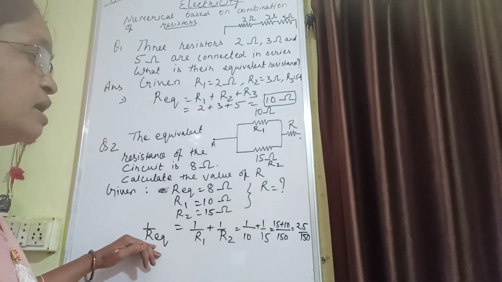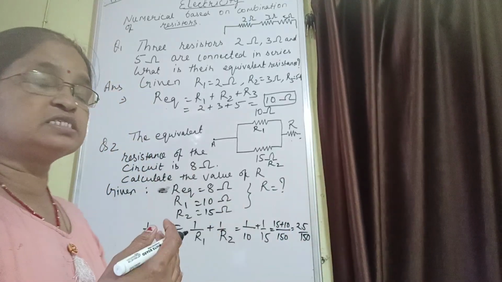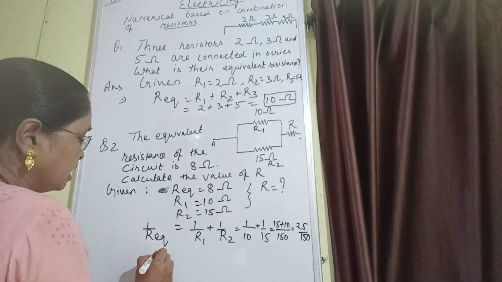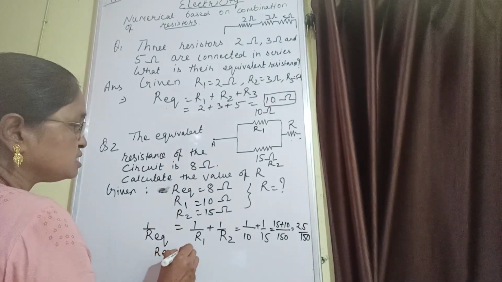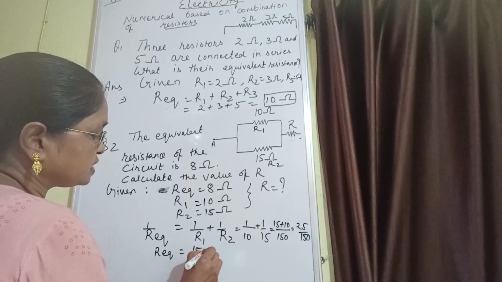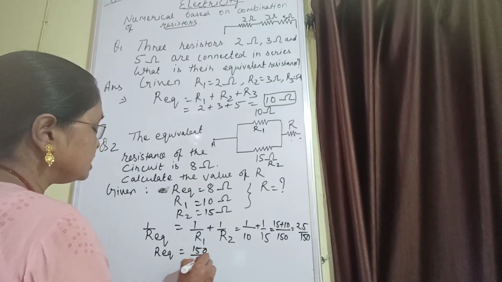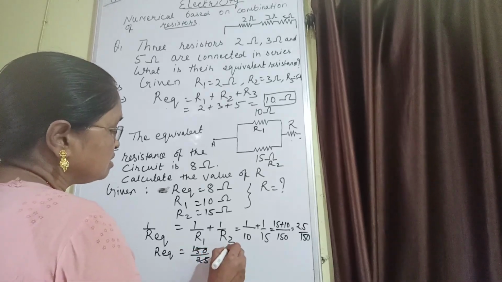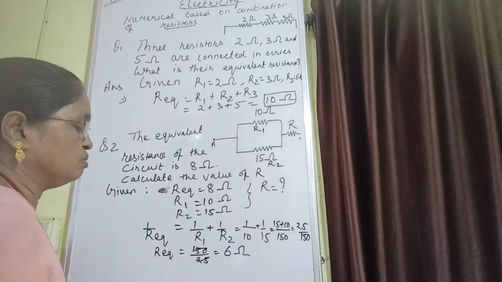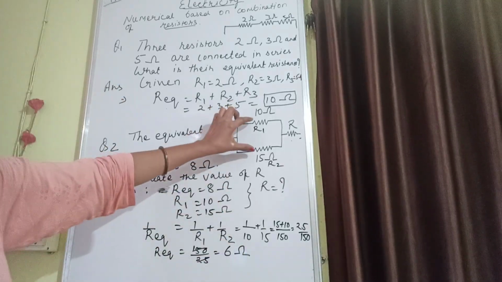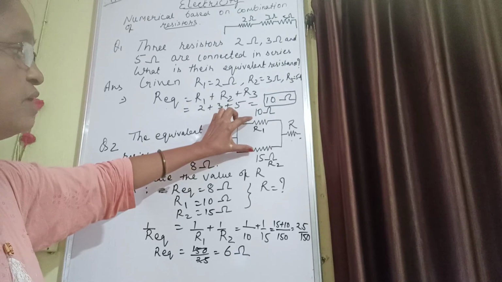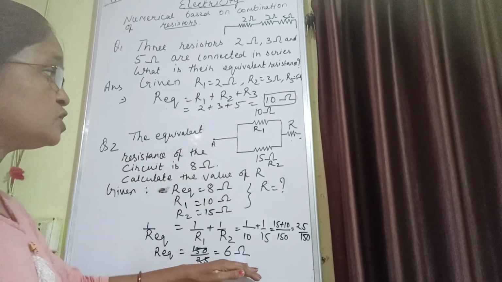Whenever we have to take R equivalent, just we reverse it. So we will get R equivalent is equal to 150 by 25, and this is nothing but 6 ohm. So we have got for this, both this equivalent resistance is 6 ohm.